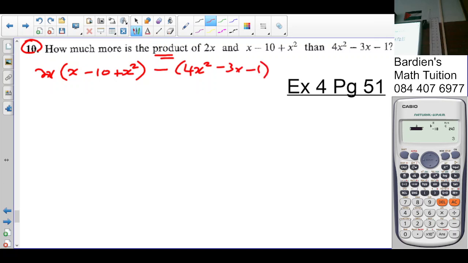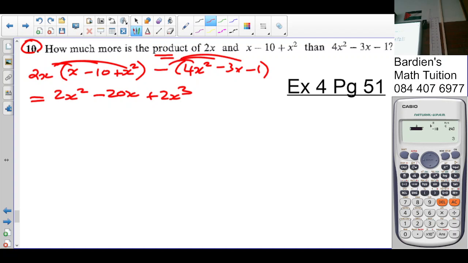Which now gives us, get rid of the bracket, 2x times x. It's going to give you 2x squared. 2x times negative 10, negative 20x. 2x times x squared, positive 2x cubed. Get rid of the negative with the bracket: negative 4x squared plus 3x plus 1.